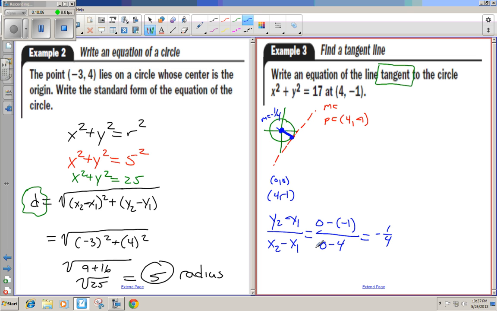Now, perpendicular. We talked about perpendicular just a few class periods ago. Perpendicular lines are opposite reciprocals. So if we have negative 1/4, the opposite reciprocal should be changing the sign and flipping the slope.